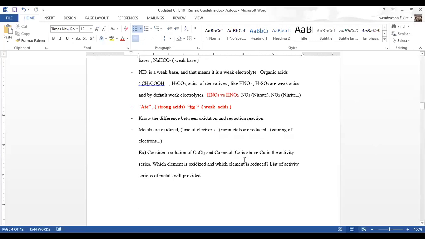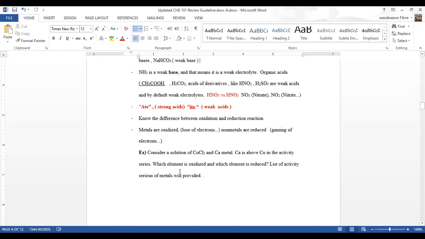However, there are situations, and here is a good example that explains that. Consider a solution of copper(II) chloride and calcium metal. Calcium and copper, both of them are metals, but calcium is above copper in the activity series of metals.